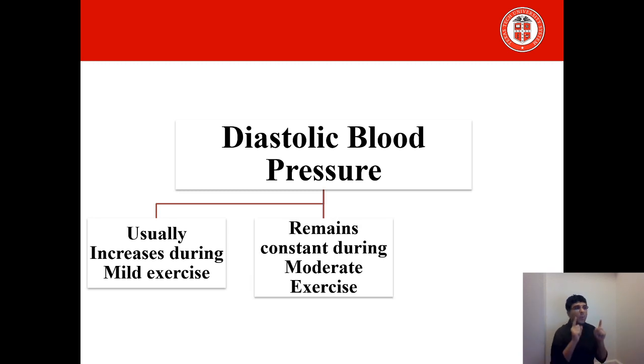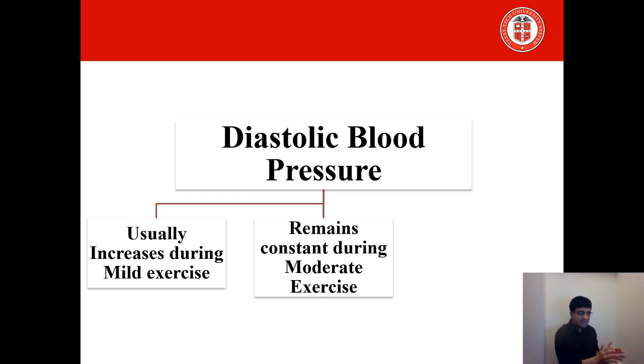Now, when somebody is doing moderate exercise, meaning the heart rate is somewhere between 110 and 120 beats per minute, there are two things which are simultaneously going on in the body.